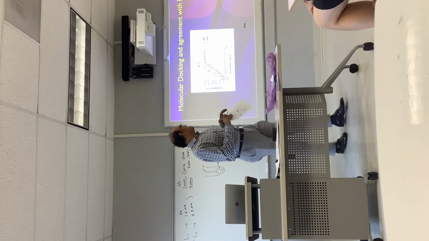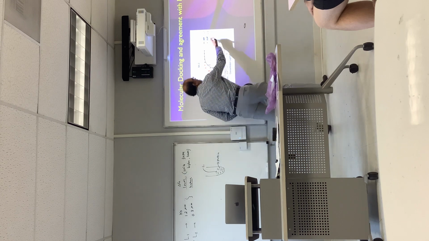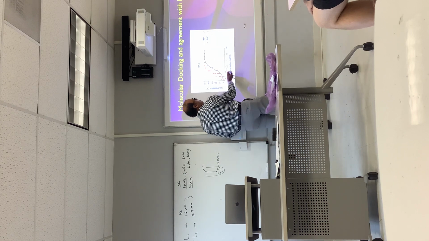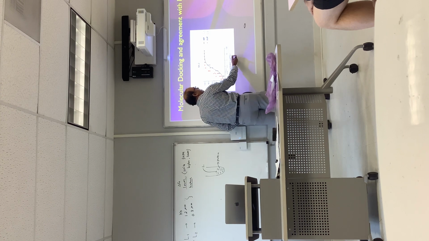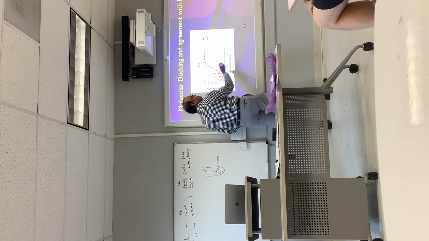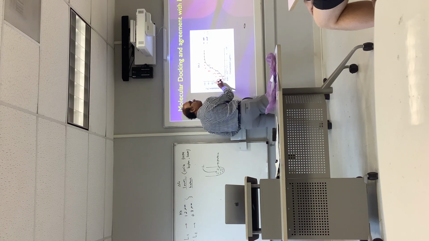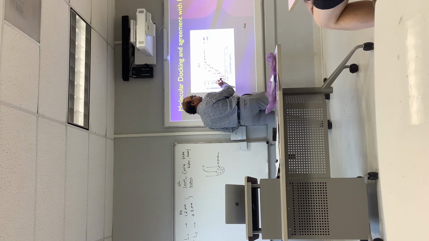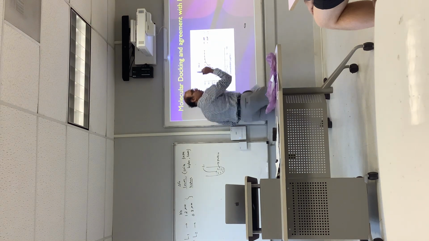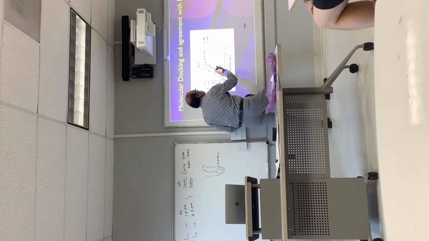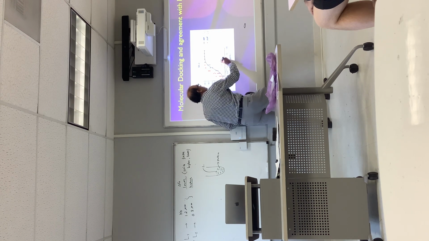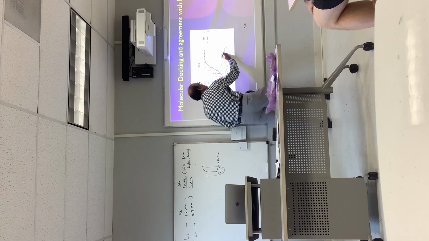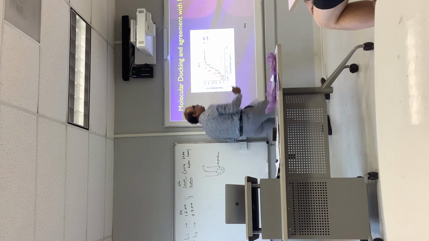So we are adding a very small amount, and with L2, ligand number 2, you need only 0.012 microgram per milliliter concentration of ligand 2 to inhibit 50%. But to inhibit the same protein with L1, ligand number 1, you need more, right? So this one is about 0.018 microgram.